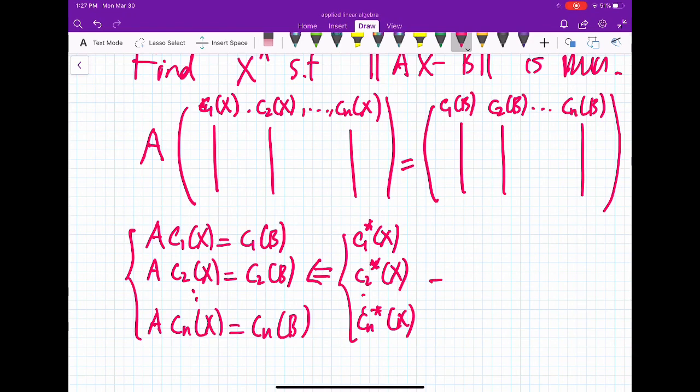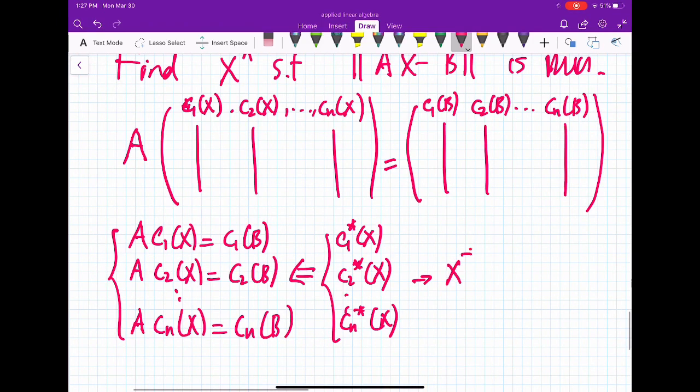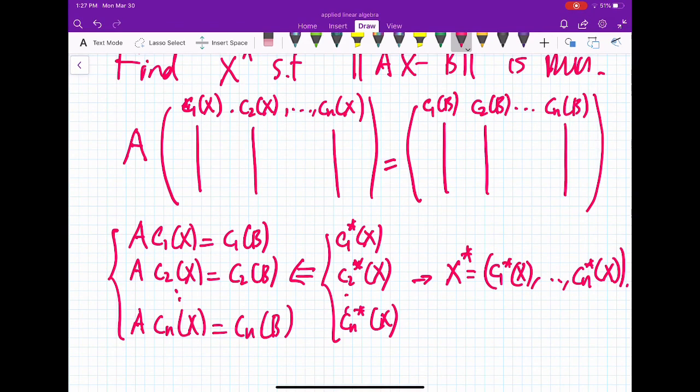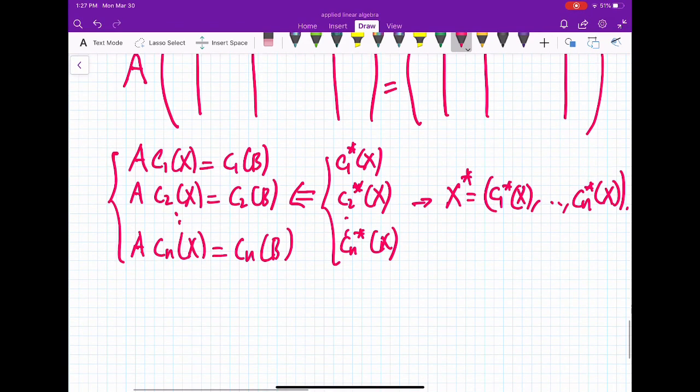And then from here you get matrix X star equal to just C1 star X, up to Cn star X. So basically, if you have a matrix least squares problem, you have to solve multiple least squares problems for vectors.